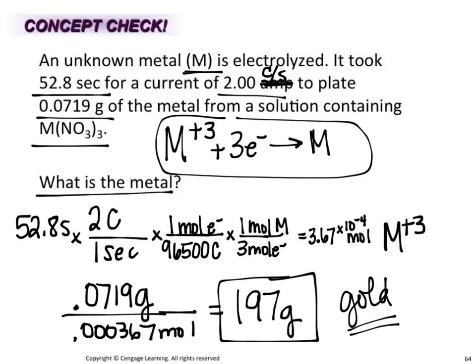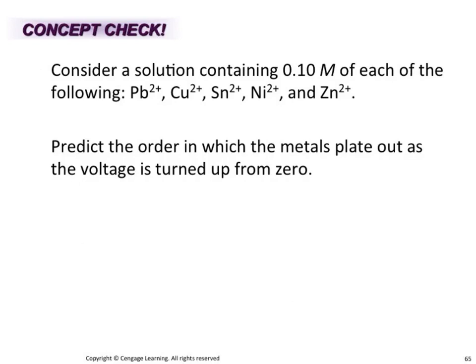Okay, so the thing is, if you can justify it, because your options are platinum and gold, really. If I looked at your number and it's closer to gold, then I would say gold. If your number is closer to platinum, then I would say platinum. That would be your justification.